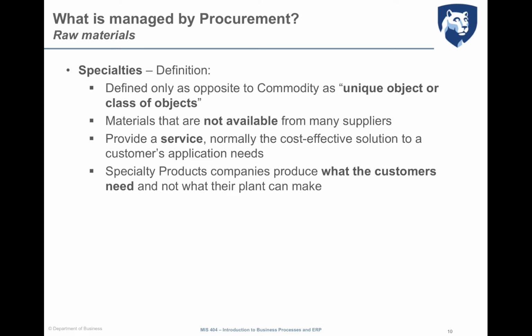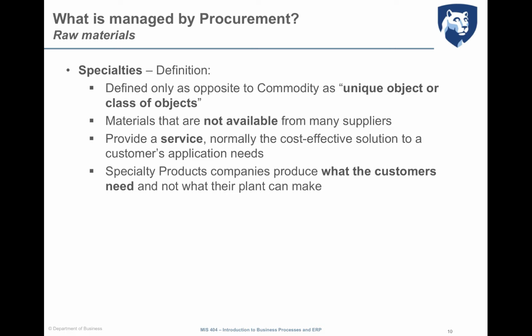The chemical industry is a typical field of specialties, because chemicals, solvent, plastic are always raw materials that are requested with specific characteristics and technical properties which differ from company to company.